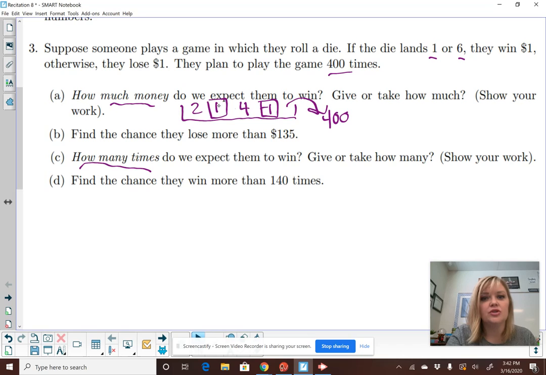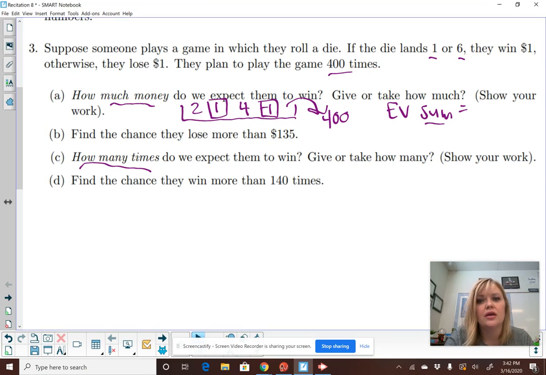So how much do we expect them to win? So that's obviously you're going to find the EV sum, right? Because you're adding up whether you win or lose, or how much money you have at the end. So that's going to be summing those values. Give or take how much, remember that's your wiggle room.